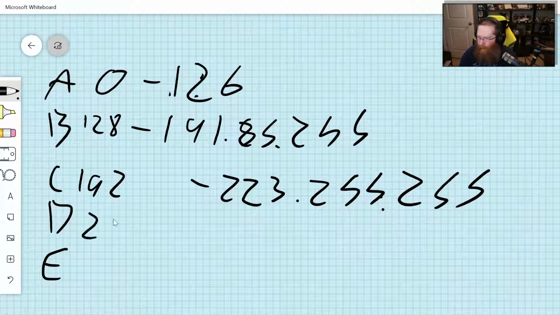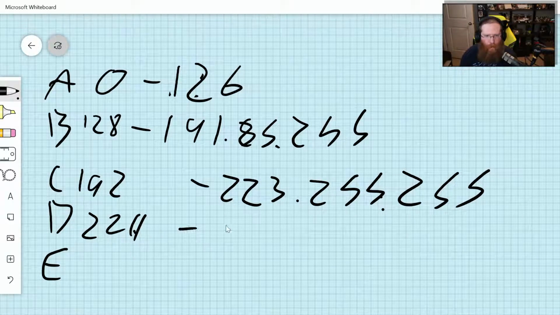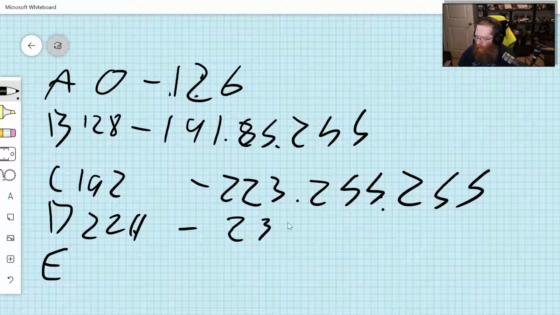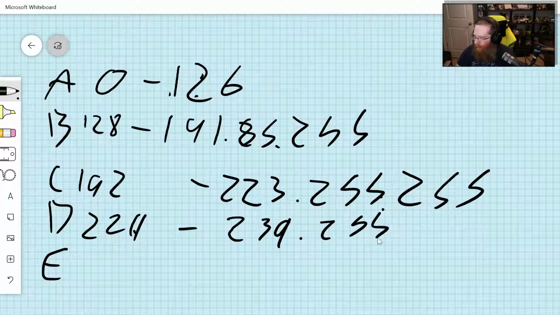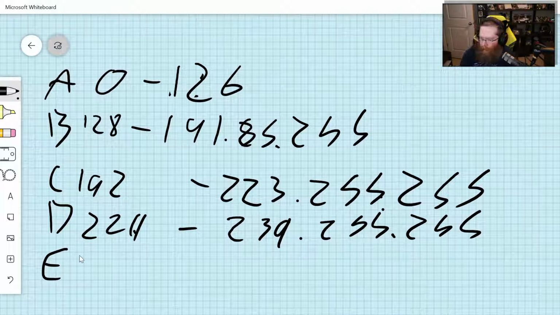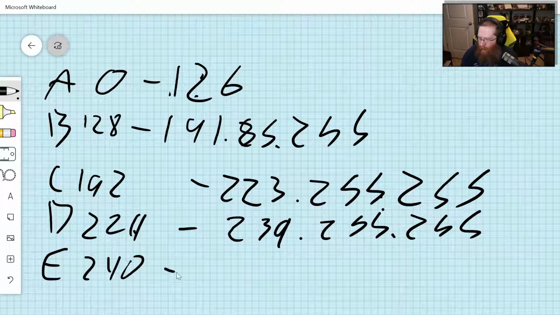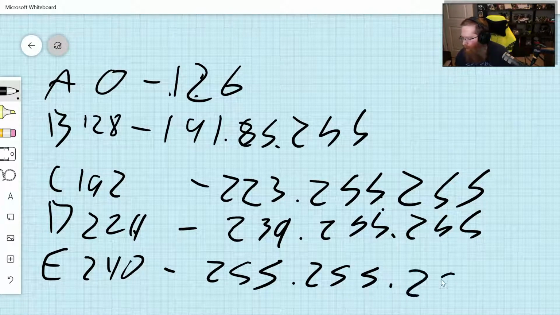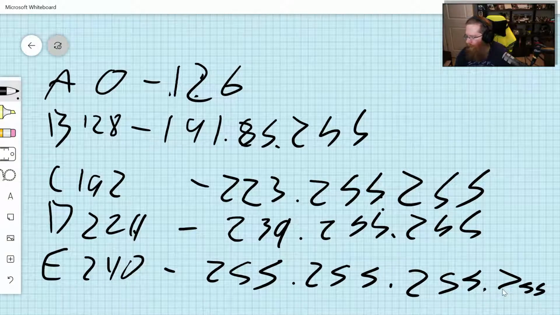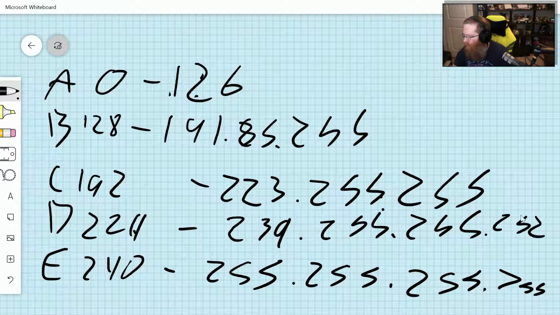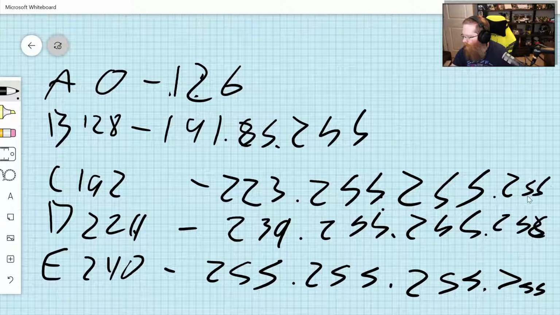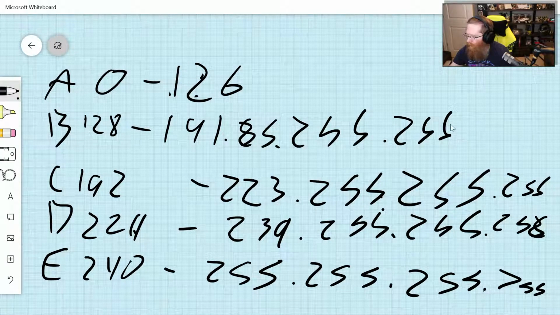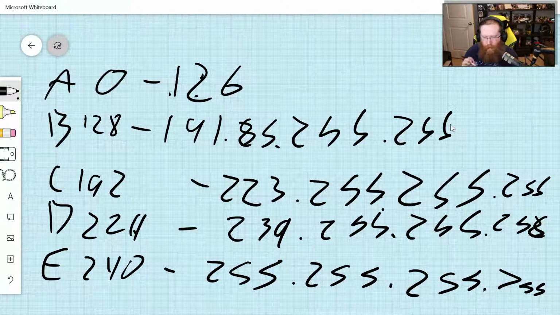And then we have 224 going to 239.255.255.255. And then this one is 240 through 255.255.255.255. Okay. So these are the classes of IP addresses.